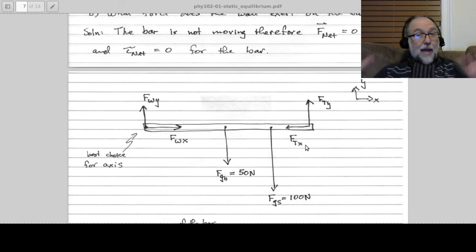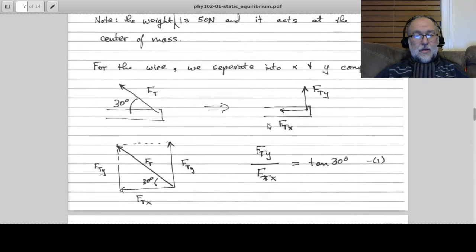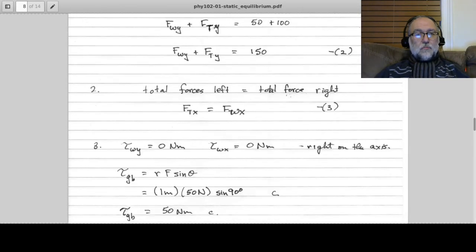Just to remind you why: imagine that Fwx is bigger. Then it would accelerate to the right. Or what if Ftx is bigger? Then it would accelerate to the left. So these 2 have to exactly cancel one another out. They're in opposite directions, so they exactly cancel, and the bar won't move either to the left or the right. We have statics. So Ftx must equal Fwx. Call that equation number 3.